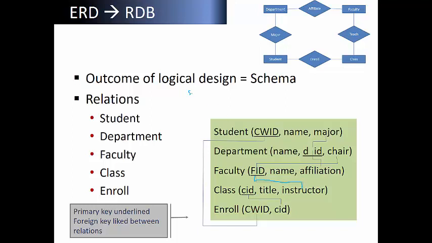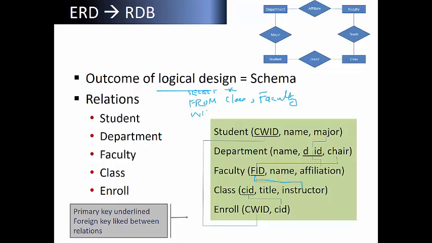So in select from, select star, we want to select everything, from class, comma, faculty. So class and faculty are joined together.